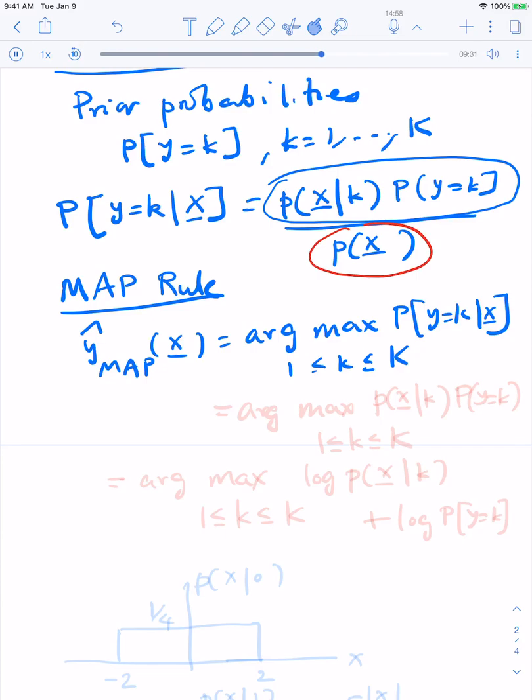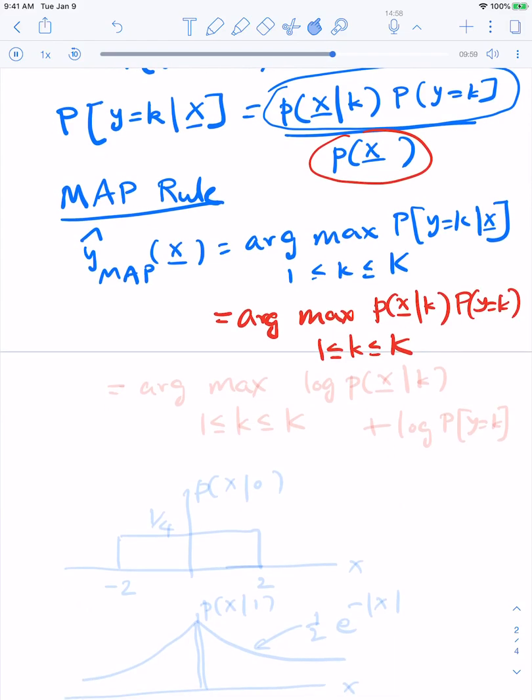And so the MAP rule can also be rewritten as, I'll keep with the red just to show that it's a different form, arg max of p of x given y equals k times the probability y equals k. These are the two terms that depend on k.